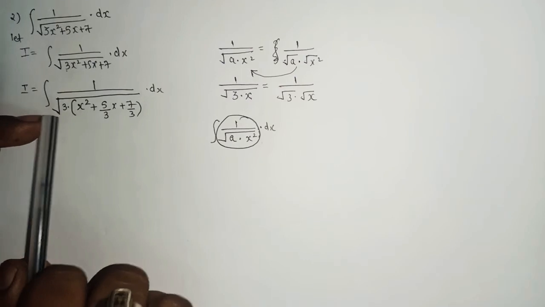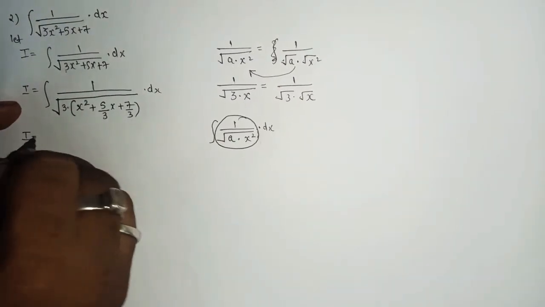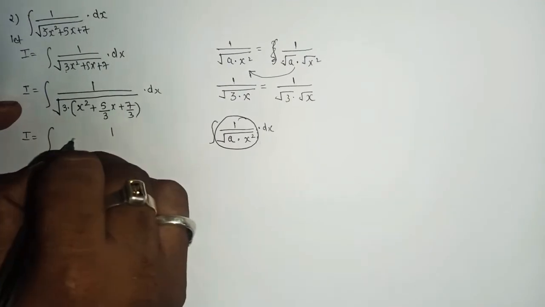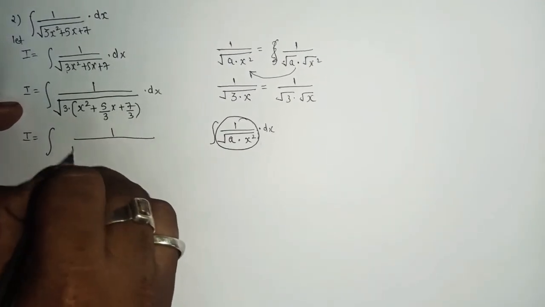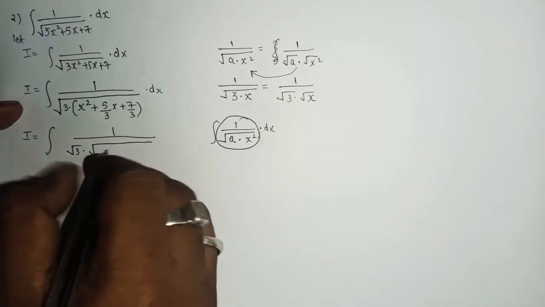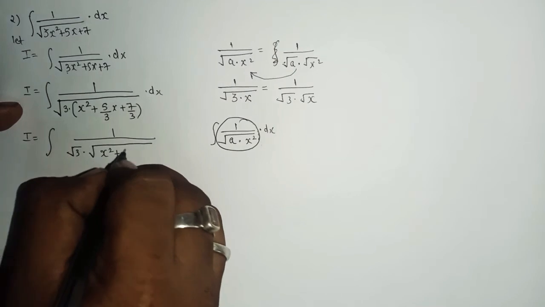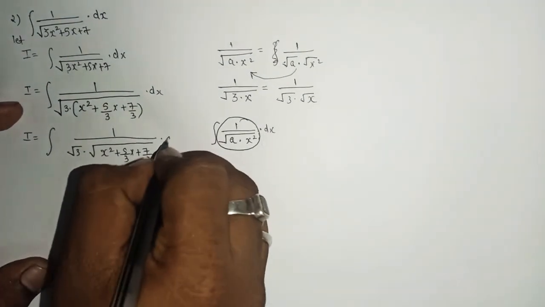So here also the same thing we are going to do. In the next step we can write this step as, clearly we can see that there are two sections, 1 upon root 3 into root of x square plus 5 upon 3x plus 7 upon 3. I hope you all understood this step.